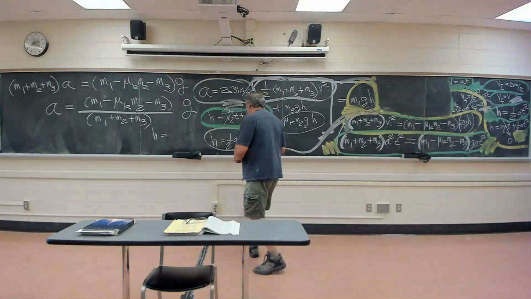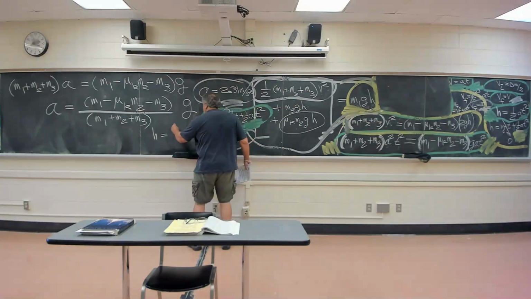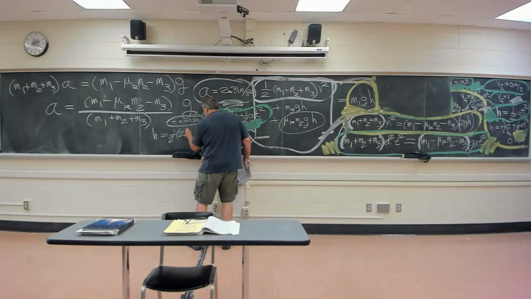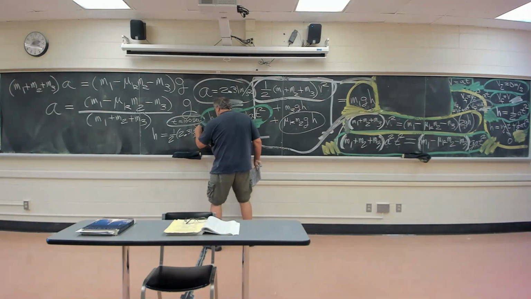Well, what is h? Let's say t equals 100 seconds. Well, it was 1/2 times 2.31 meters per second squared times 100 seconds squared.